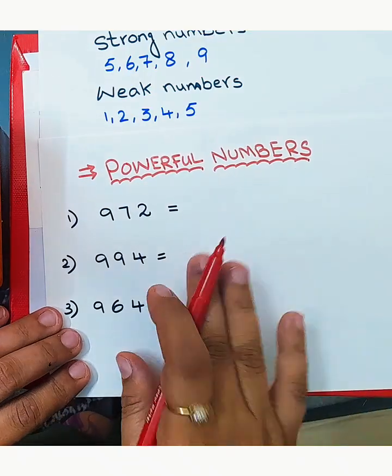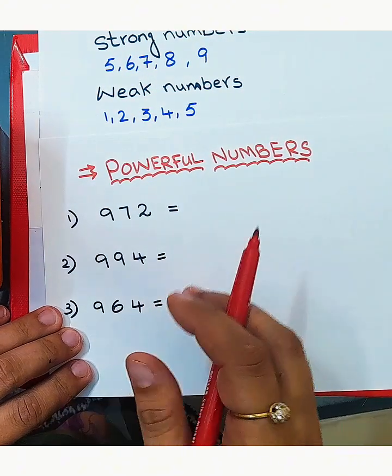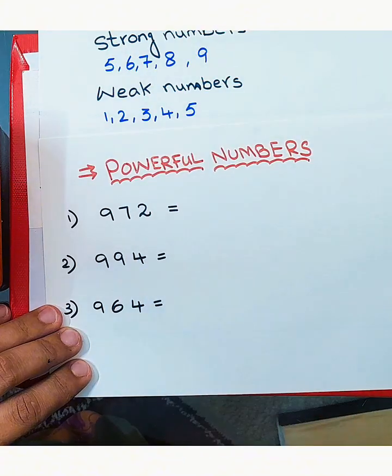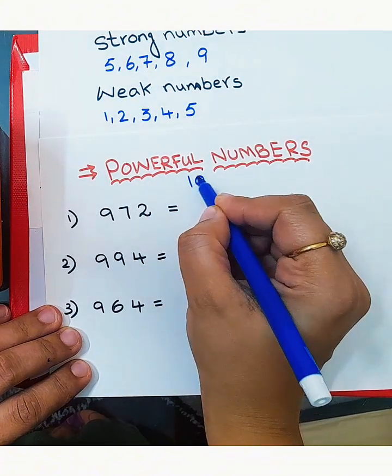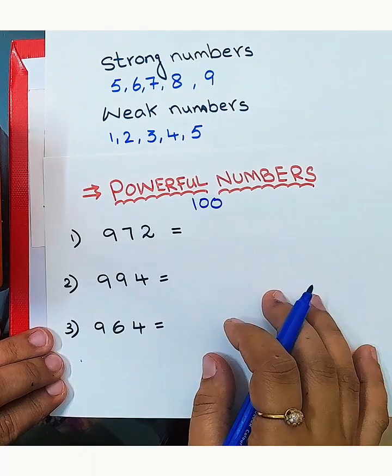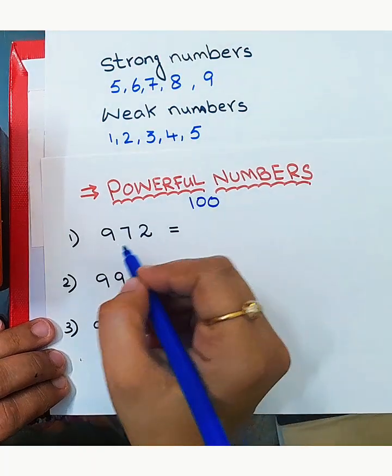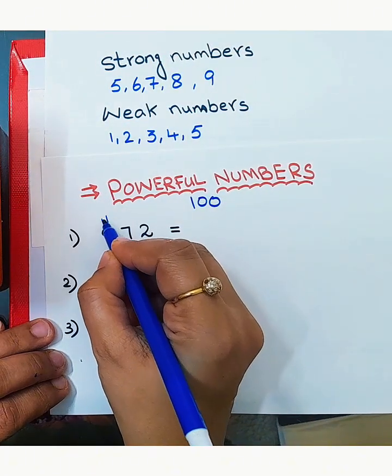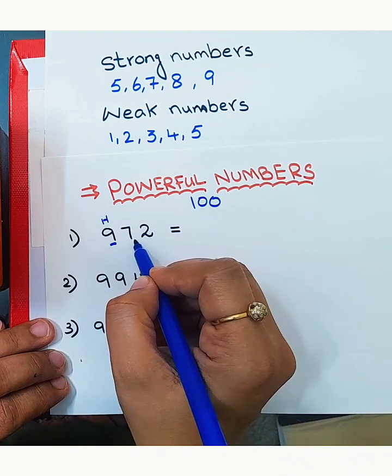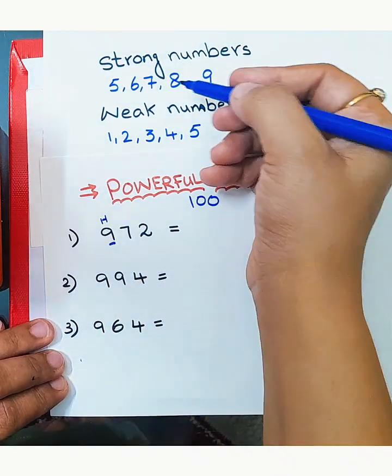So now the last thing for you is this. Powerful numbers. In this scenario, you will see that the majority of the numbers are powerful, but you have to round off to the nearest 100. As you can see, you have to round to the nearest 100, so your focus will be on the number in your hundreds place, but the next number will decide. Now this number is 7. 7 is a bigger number, a strong number.